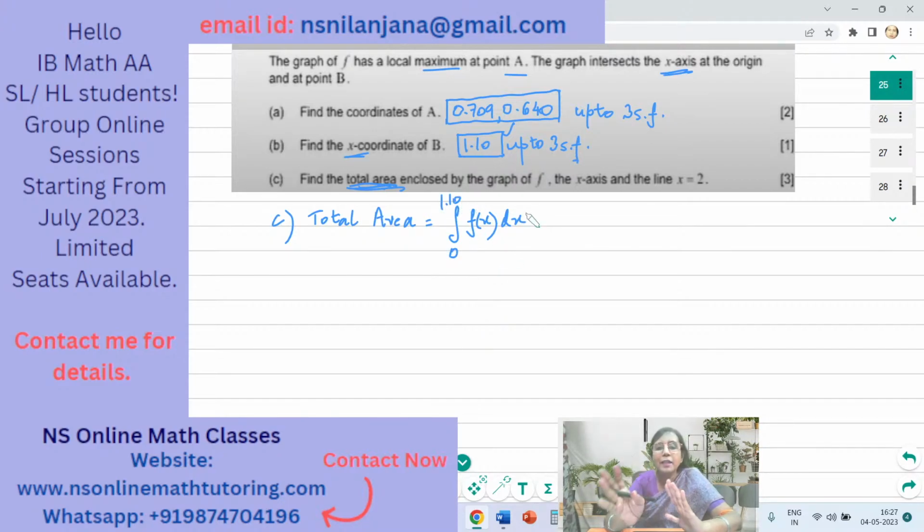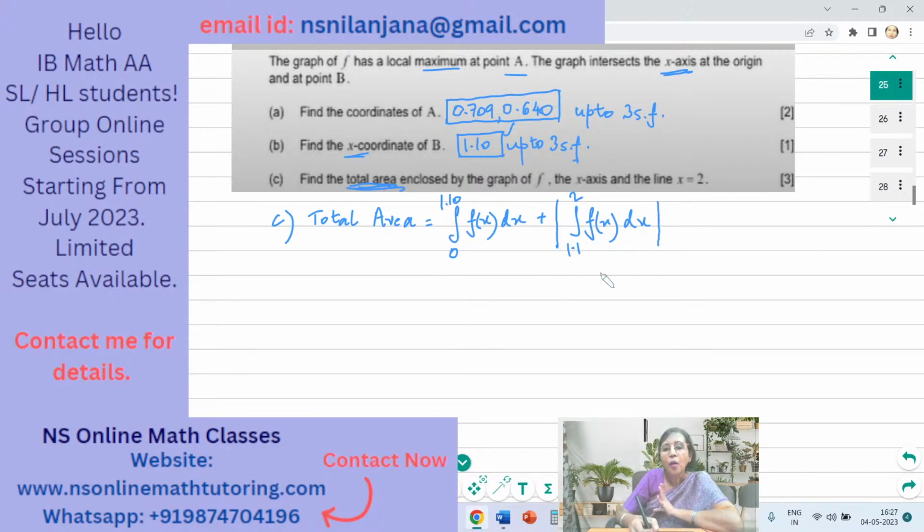And since the second part, which is below the x-axis, will be having a negative value, instead of writing the modulus of that thing, I can just write this as plus. This is also valid. I can write the modulus of the integral from 1.1 to 2 of f of x. This is also fully valid.